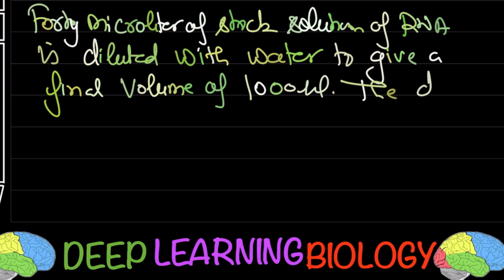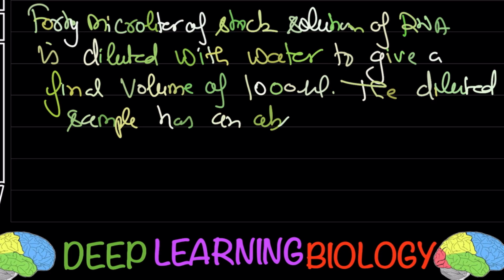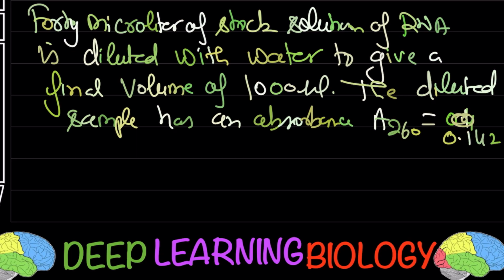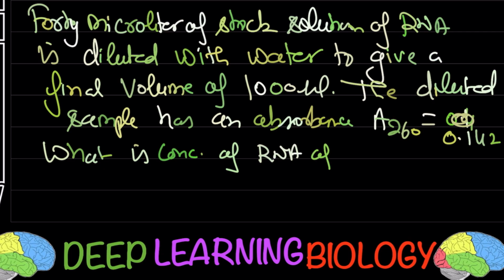The diluted sample has an absorbance at 260 nanometer of 0.142. What is the concentration of RNA of the stock?